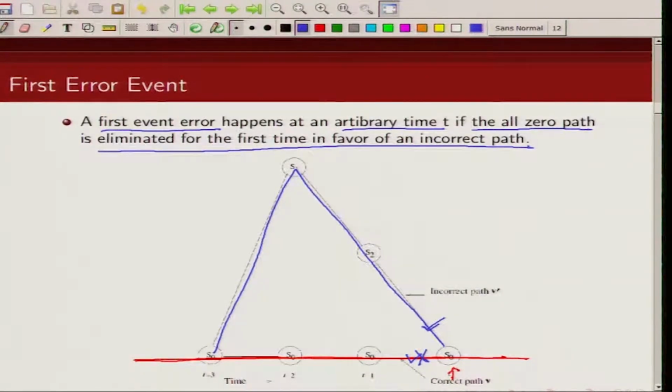The first instance when I do that is my first event error, because I should have chosen the all 0 path, but at this instance the metric corresponding to this path was better. So, I chose this and I eliminated this path, but this is a wrong path because my transmitted code word was the all 0 sequence.